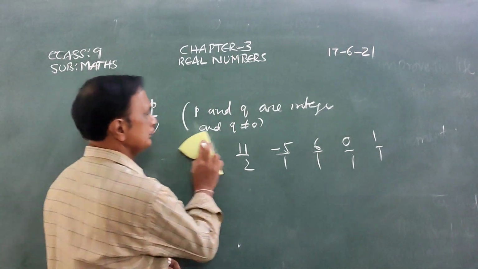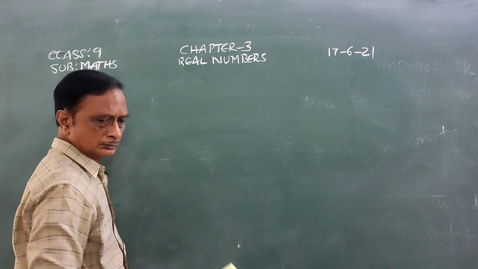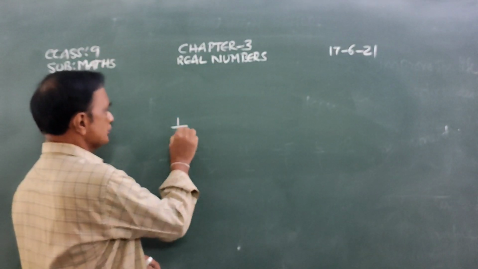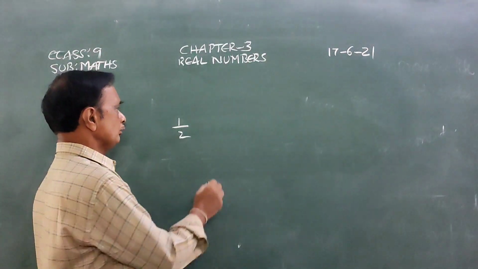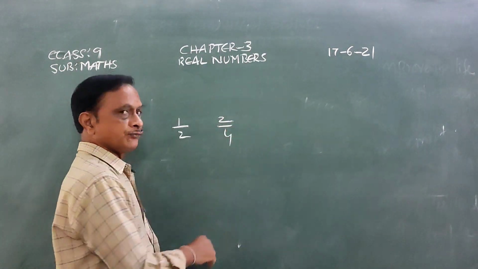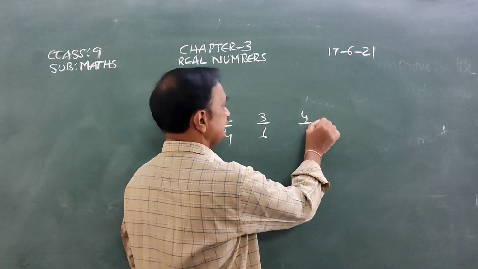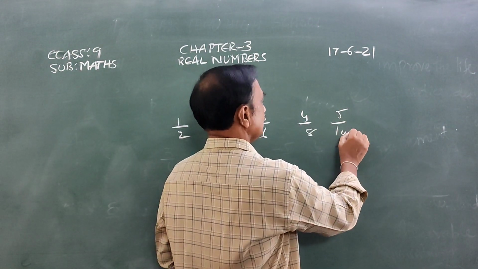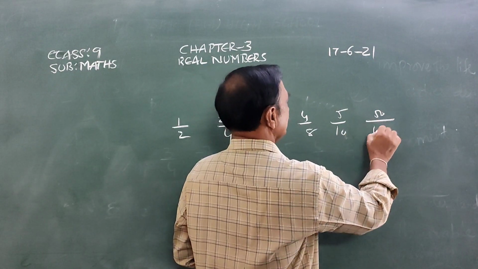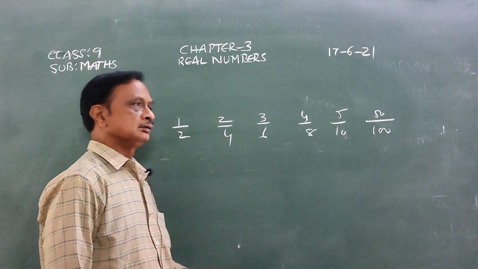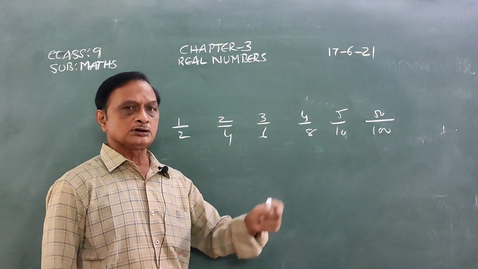Now here you observe these rational numbers: 1 by 2, 2 by 4, 3 by 6, 4 by 8, 5 by 10, 50 by 100 and so on. What do you call all those rational numbers?